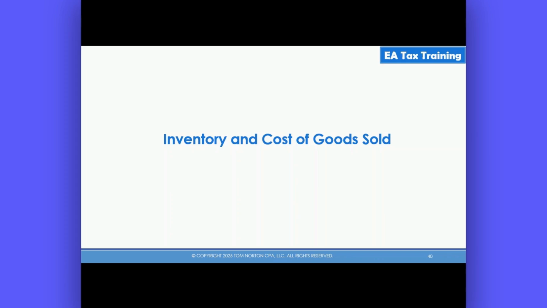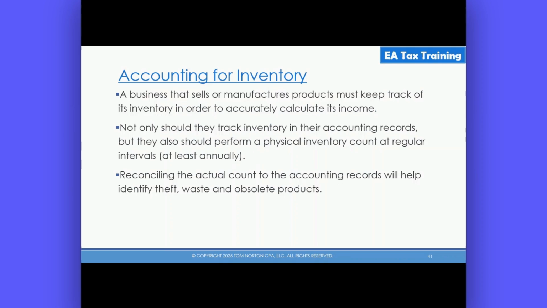Inventory is what we sell in order to generate revenue, which gives us income for the business. And as I said, we will have to choose what method we are using to handle our inventory. This does get tested on the EA exam, so we are going to spend some time to make sure that you understand this.